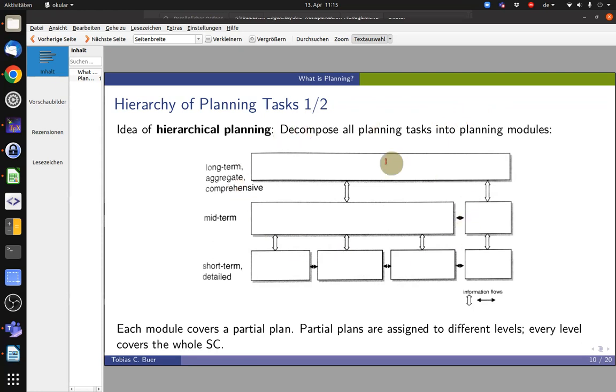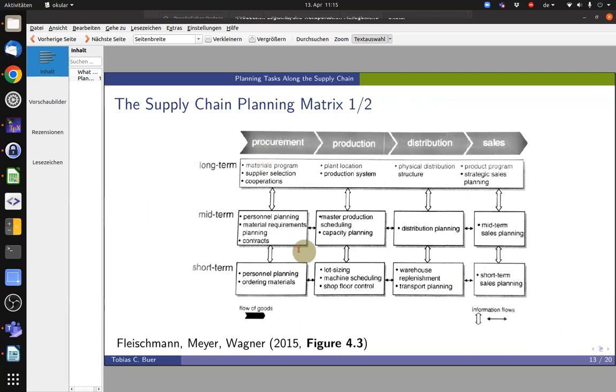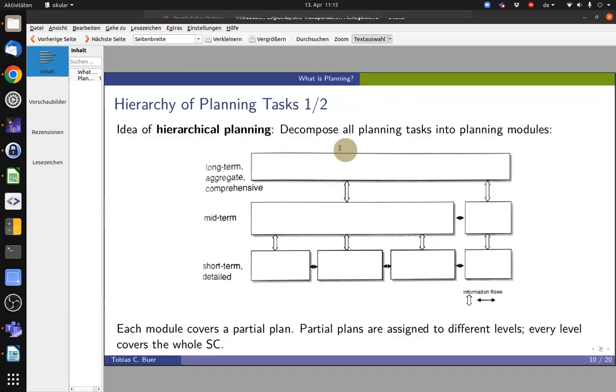Now we will spend some time on discussing this graphic. This is a hierarchy of the different planning tasks in the supply chain. On the highest level, I have the long-term planning tasks. These are highly aggregated. They are based on aggregated data.